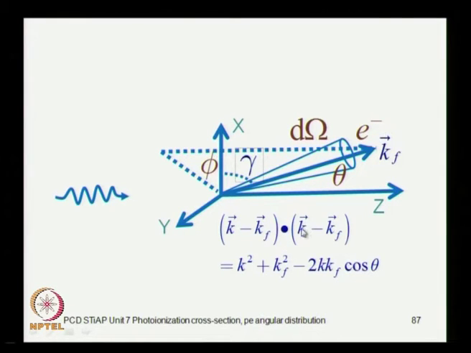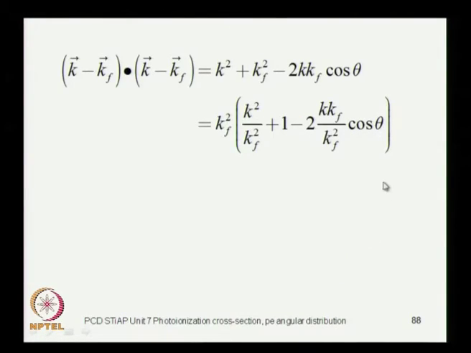Theta is the angle between k and kf, which is a polar angle in our spherical polar coordinate system, right. Our choice of z axis is along the incident direction of electromagnetic radiation. So, this is cosine theta, this is the polar angle theta.